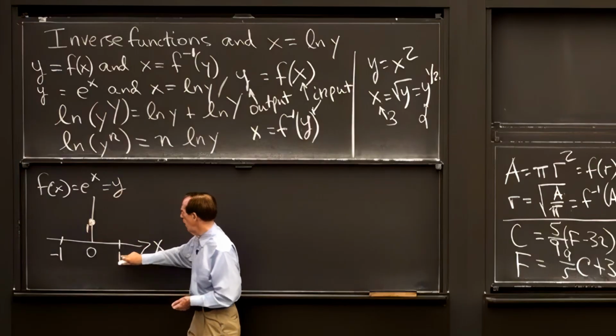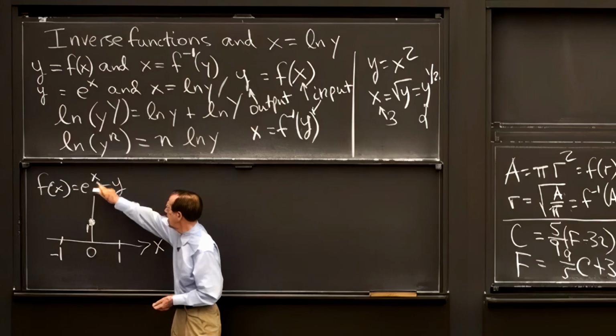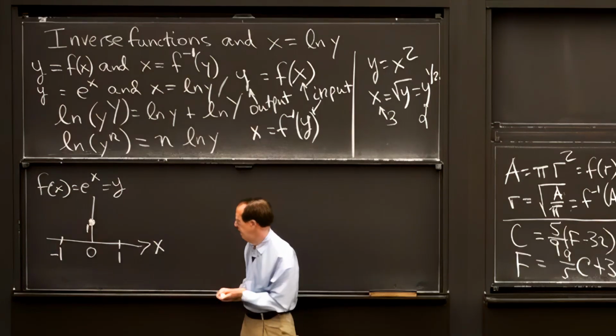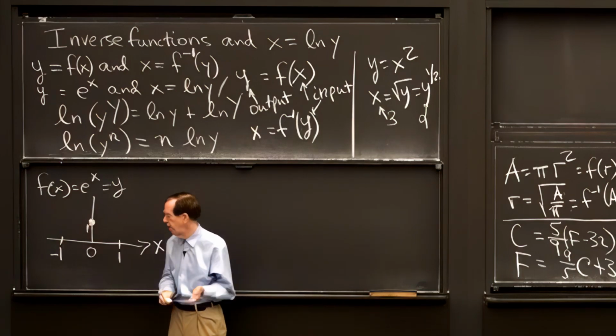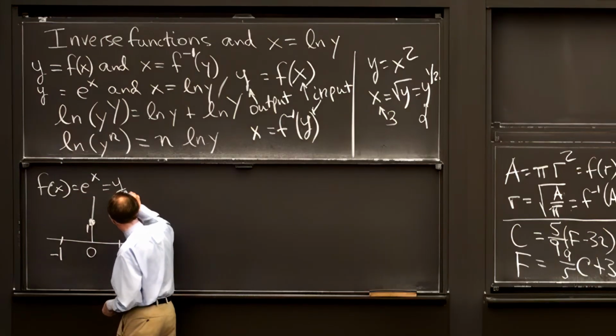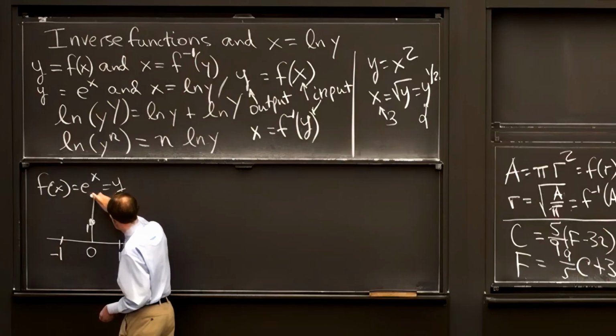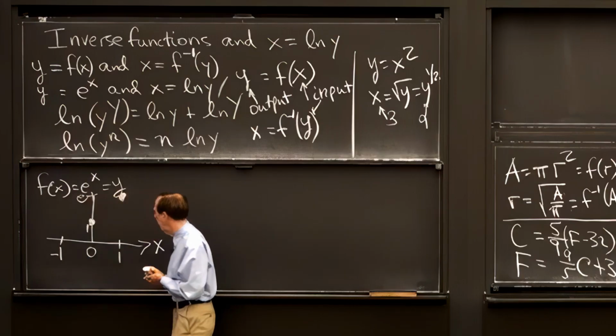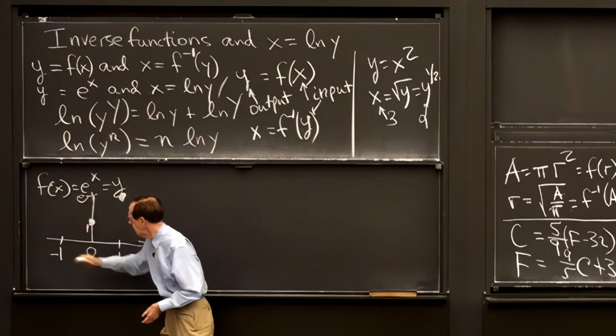Now, when x is 1, y is e to the 1st power, which is e, about 2.78. So maybe up there, somewhere about here. So that height is e, corresponding to 1. And what about when x is minus 1?